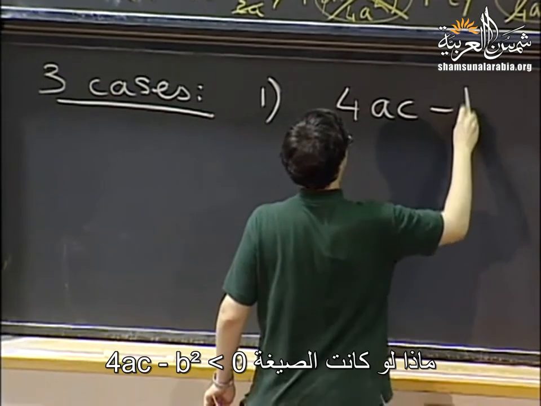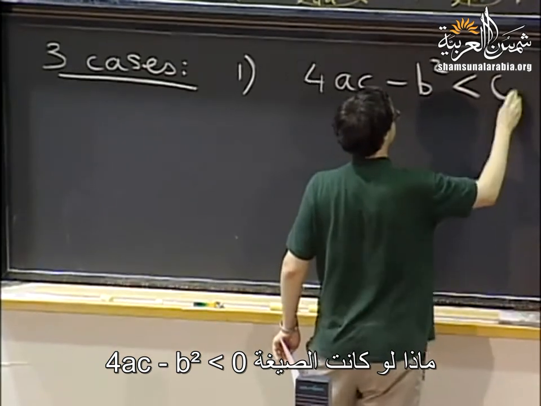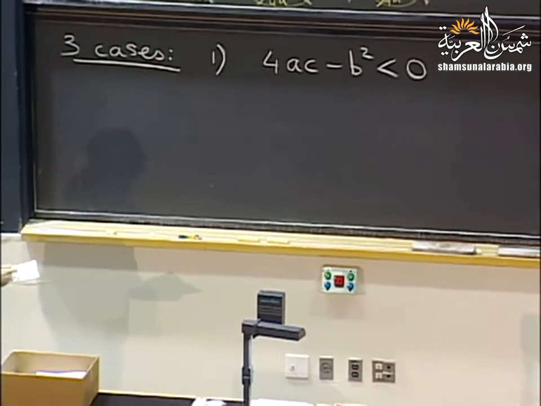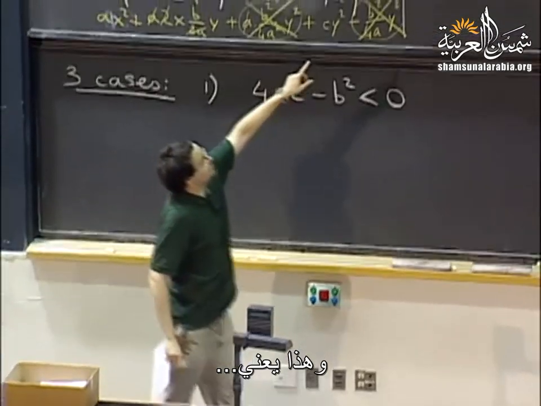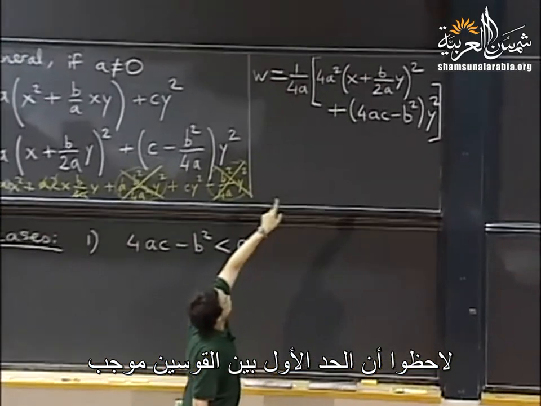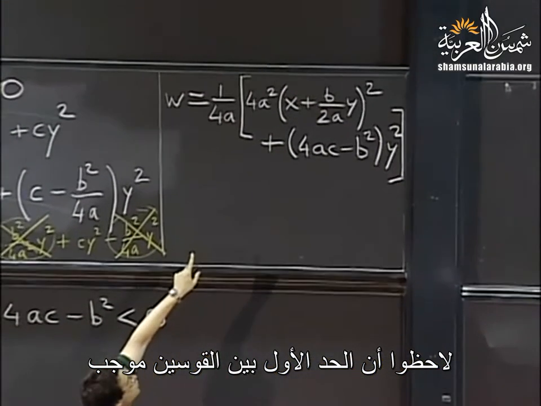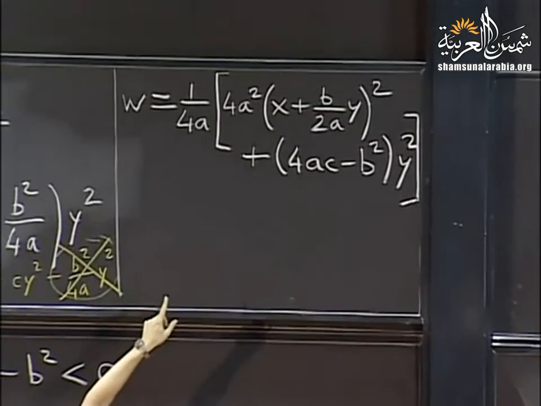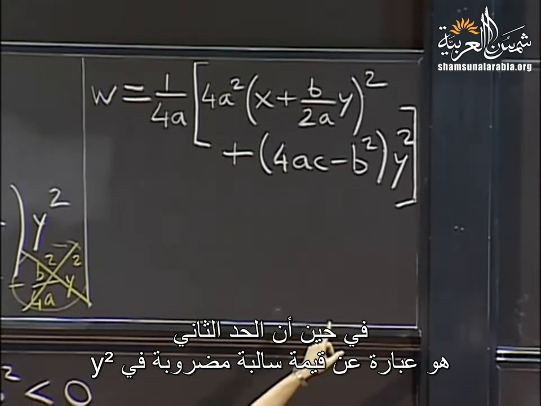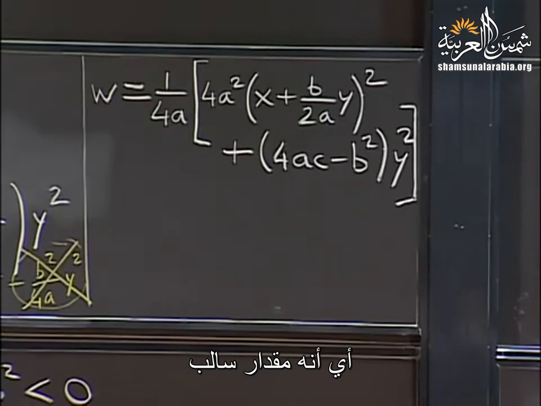What if 4ac minus b squared is negative? Well, if it's negative, then what I have between the brackets is, the first guy is obviously a positive quantity, while the second one will be something negative times y squared. So it will be a negative quantity.